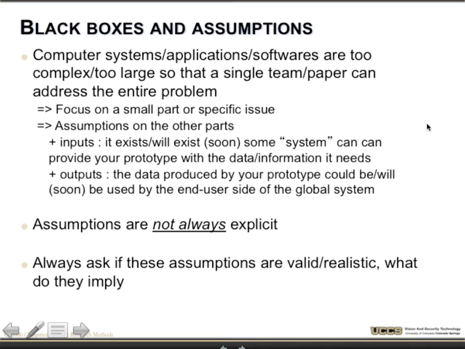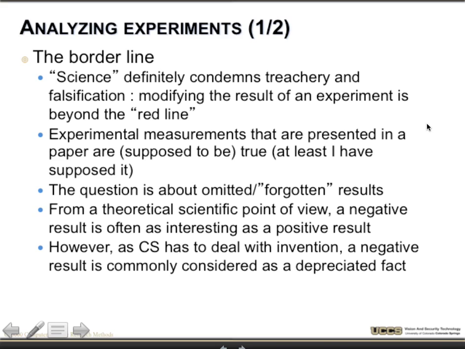The assumptions underlie all those things and cause way more problems in a paper than generally what they chose to write, because they recognize those were problems, so they didn't write too much about them. So when you're analyzing experiments, you really want to look towards the borderline to figure out what's going on.